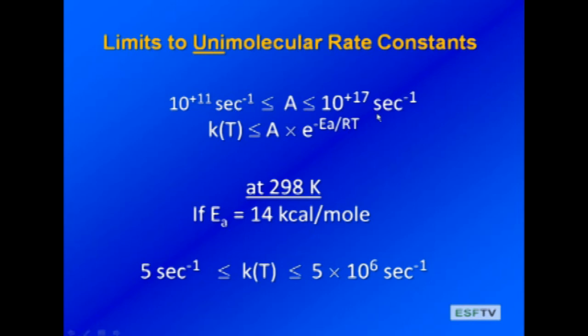Remember, this is a unimolecular reaction, so these are the units, unlike the units of the bimolecular reaction. So if we use this, equate the Arrhenius expression with this range of A values and our same 14 kcal per mole activation energy, you can put some range on the rate constant. It has to be less than about 5 times 10 to the 6 per second, but it's probably greater than 5 per second. And this is helpful data.